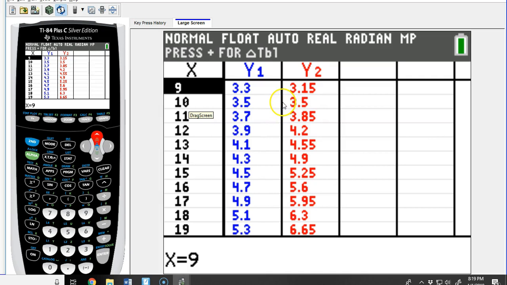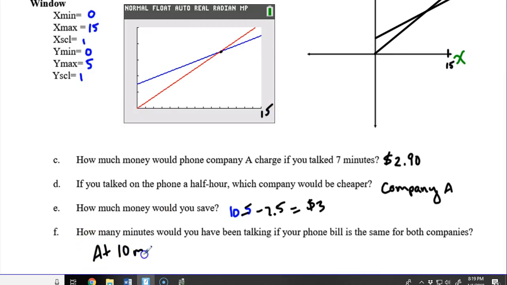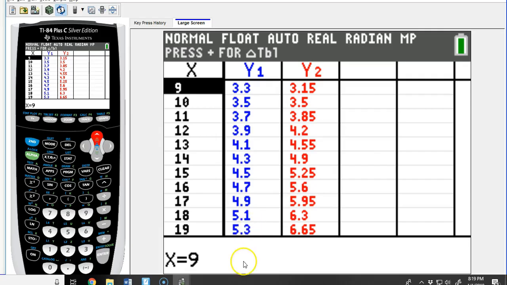They're $3.50. Now, let's say it didn't show up exactly on the table, because sometimes that's the case, right? Where it's going to show you that a little below 10, one is better, and a little above 10, the other's better. We can't tell exactly what the amount of time is.